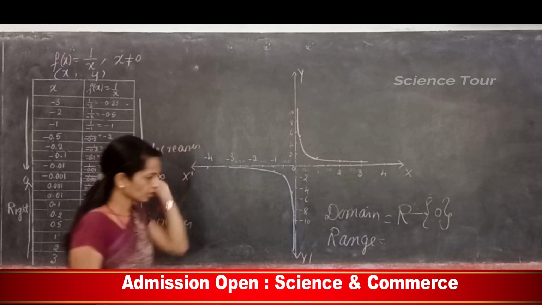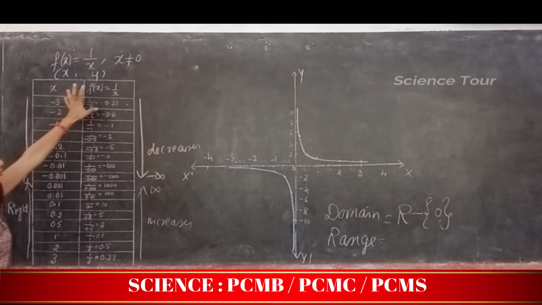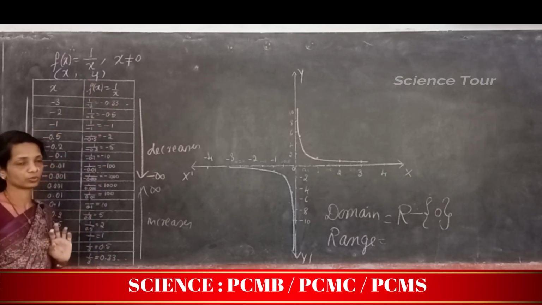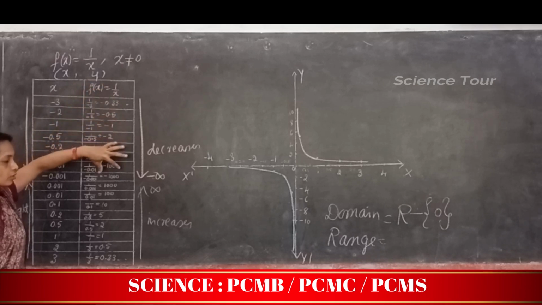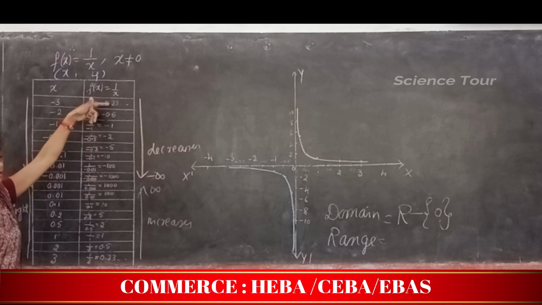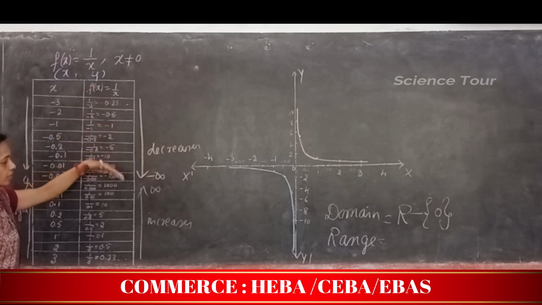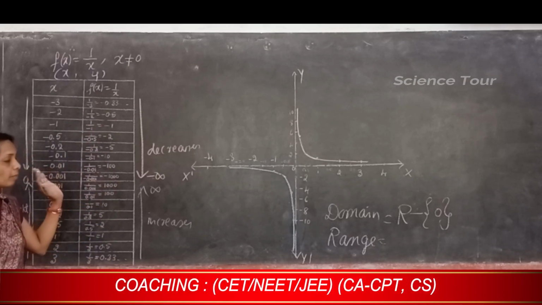And what are all possible values of f of x? We have to write the range also. For that you have to observe these f of x values. You can see negative values, smaller and smaller negative values, tending to minus infinity. So it takes all negative values. 1 by x takes all negative values, as well as all positive values but except 0.